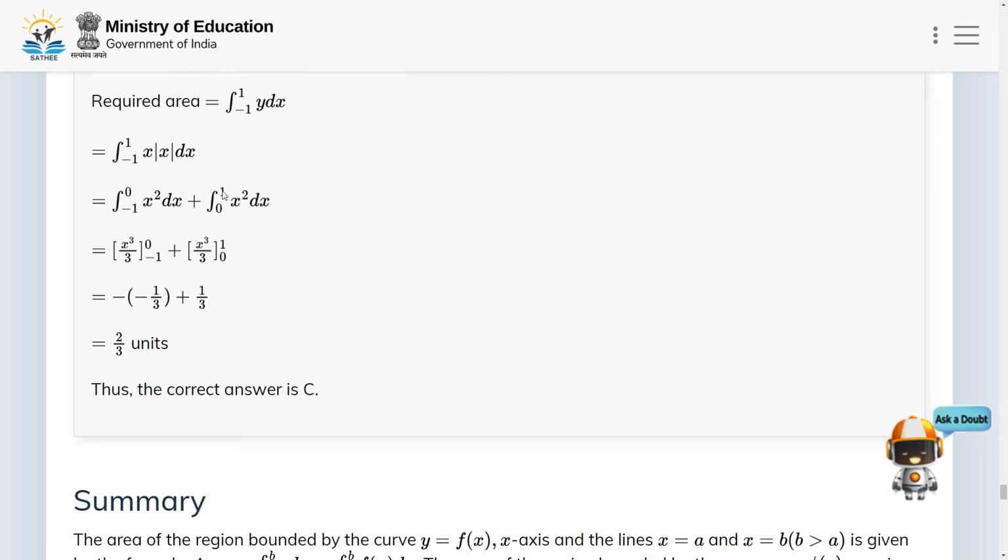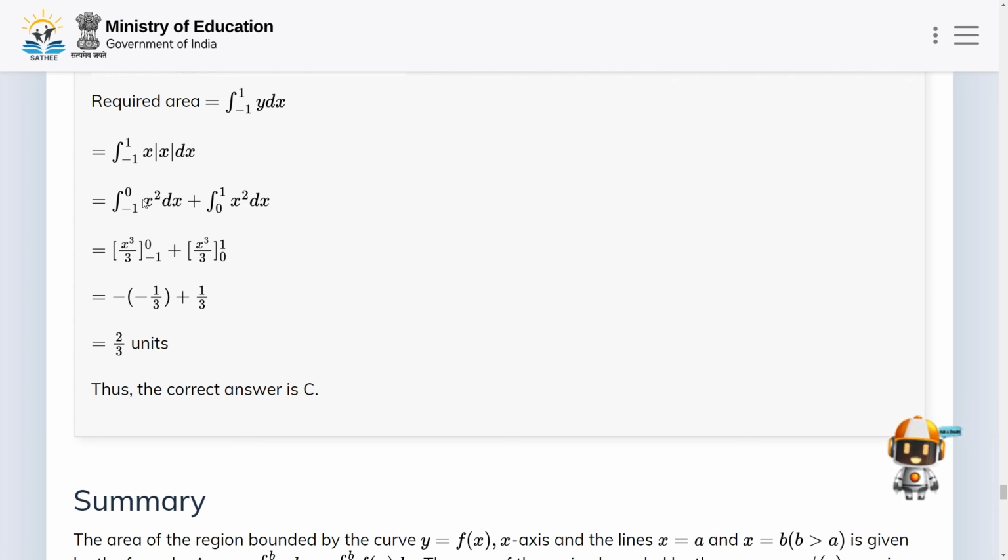And here, x is positive, so you will get just x square. Clear? In this definite integral, the value will be x cube by 3, limits 0 to 1, which means 1 by 3.